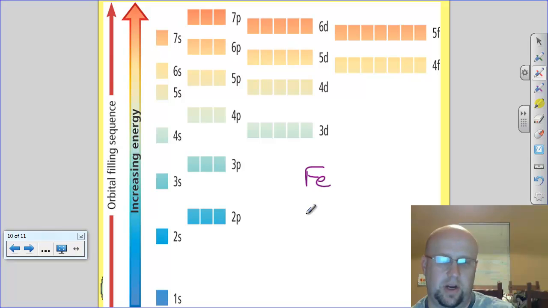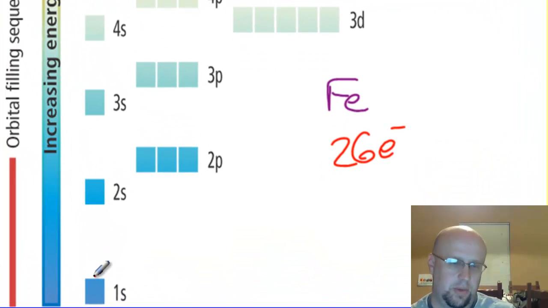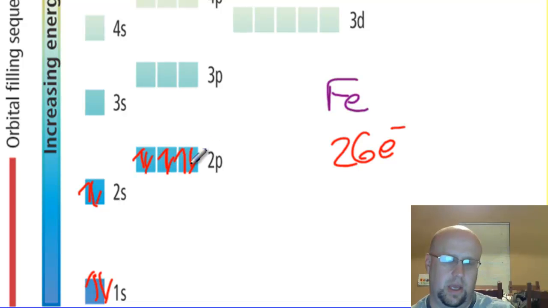So let's jump back over here. We write that down real quick. 26 electrons. Okay. And then we come down here and just start drawing them in. Okay, so 1, 2, 3, 4, 5, 6, 7. Okay, Hund's rule. 8, 9, 10.